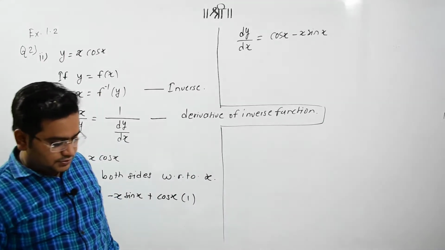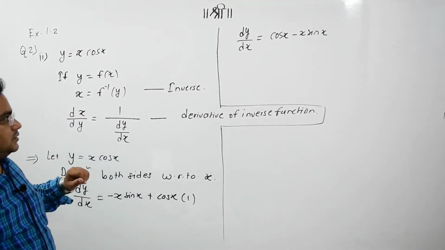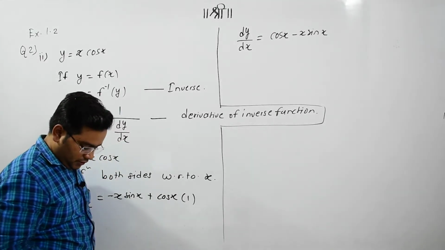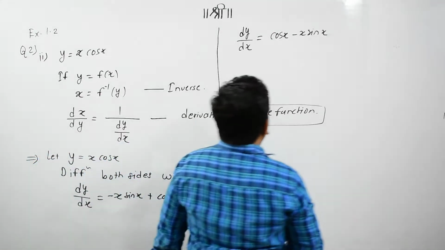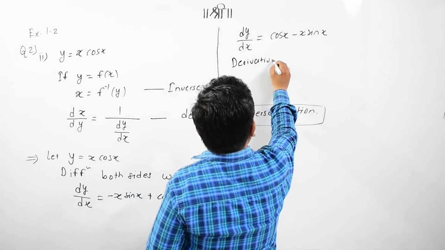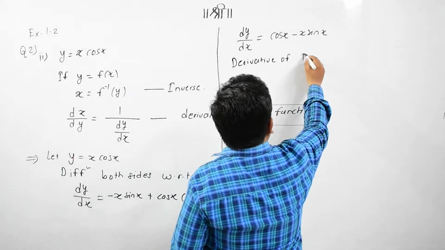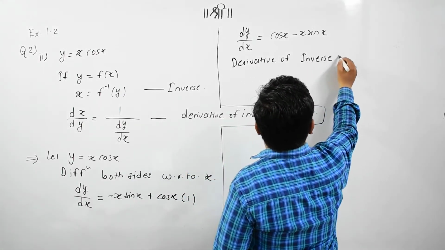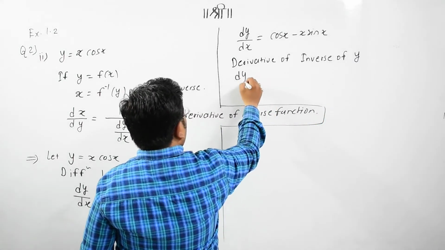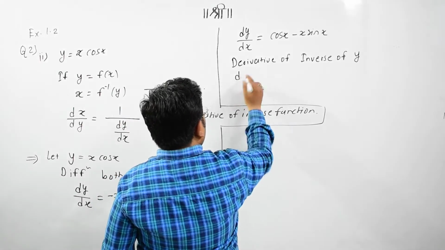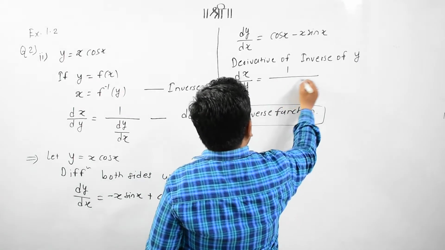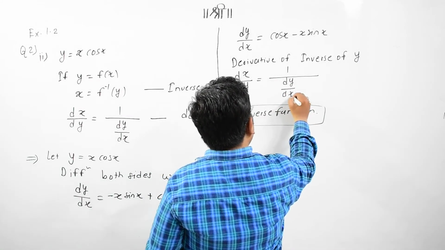Now what's our next step? We need to substitute this value in this equation. If I write it simply, the derivative of the inverse function is dx upon dy, which is equal to 1 upon dy upon dx.